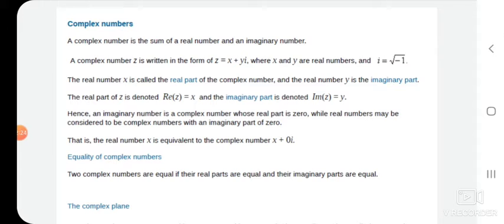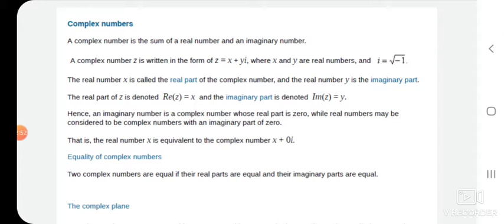Basically, a complex number is nothing but a combination of a real number and an imaginary number, and it is represented by a symbol z, which is equal to x plus iy, where x and y are real numbers and i is the imaginary number, which is equal to square root of -1.